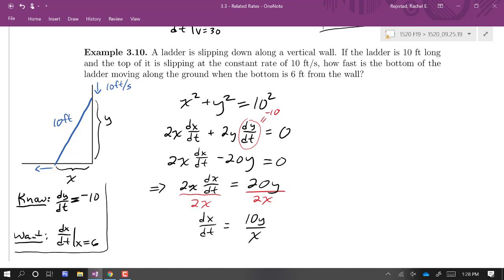Maybe in the original equation, right? This relates x and y together. So I could find y when x is 6 using the original equation, and then I could plug both those values in here.